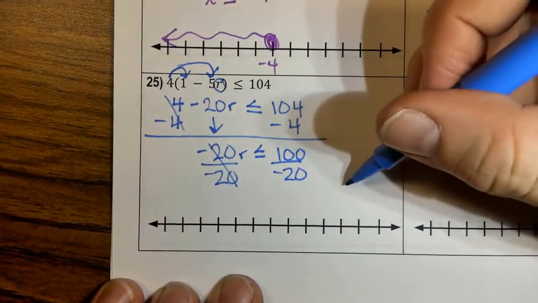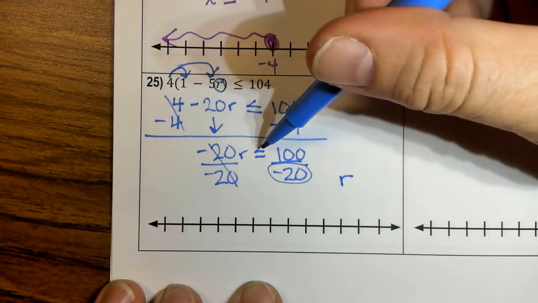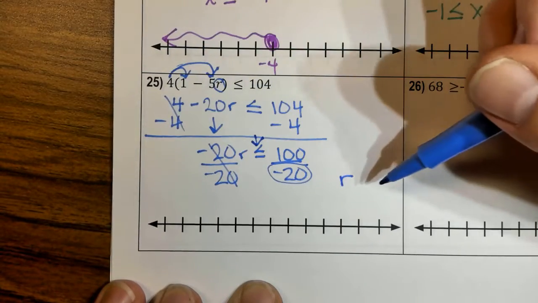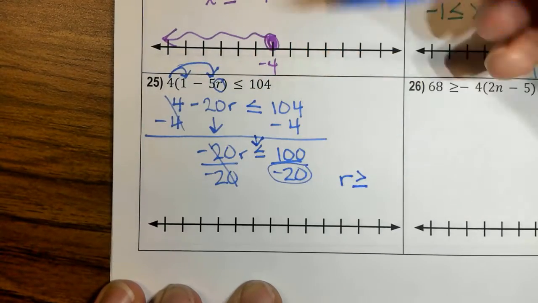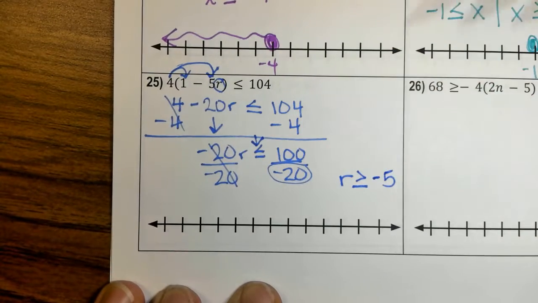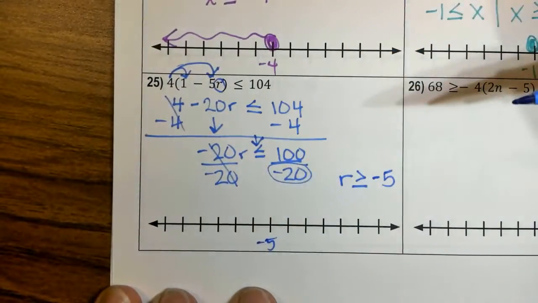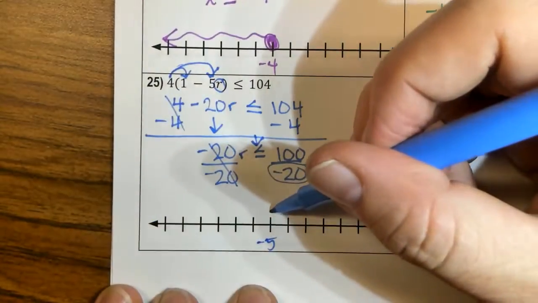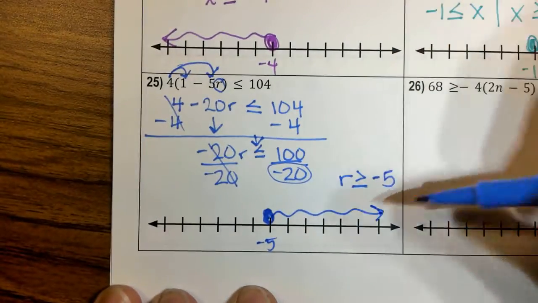Okay, so I have r, I'm going to write it over here just because I ran out of room. R. Now look, I divided by a negative, so my symbol, my sign right here, changes direction. And then 100 divided by negative 20 is negative 5. Okay, now I have negative 5 down here, and I'm underlined, so it's a closed circle, and greater than goes to the right.